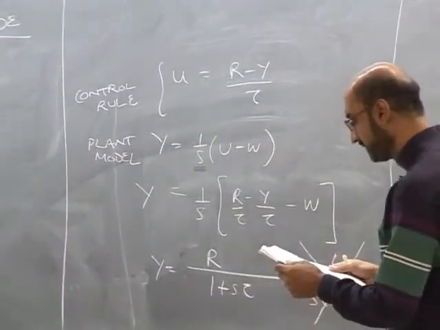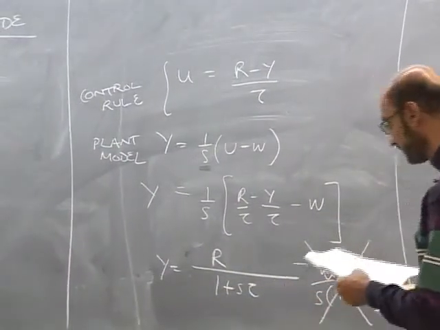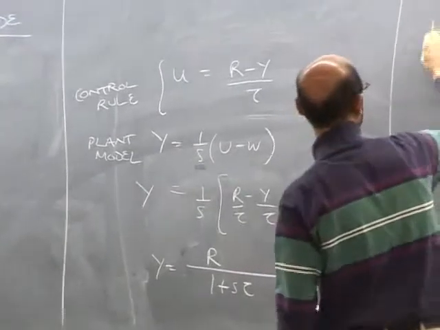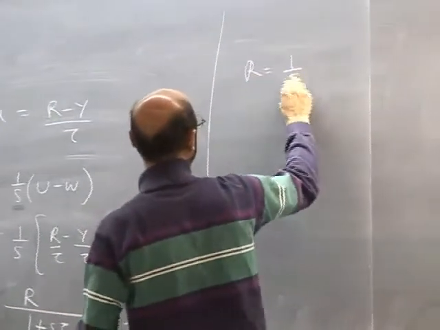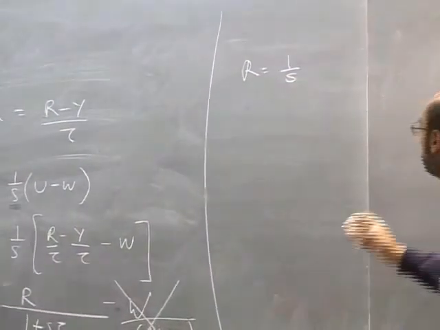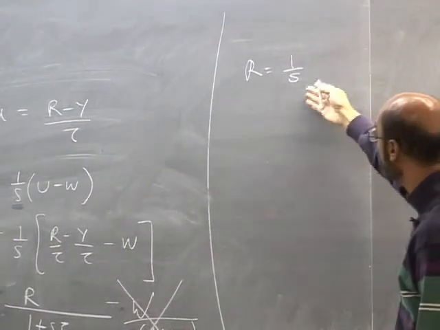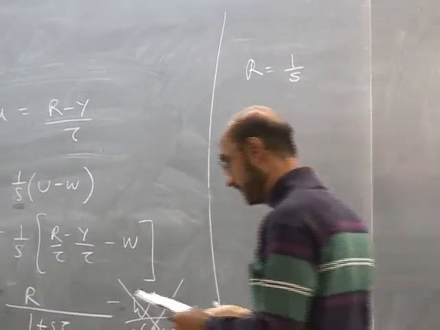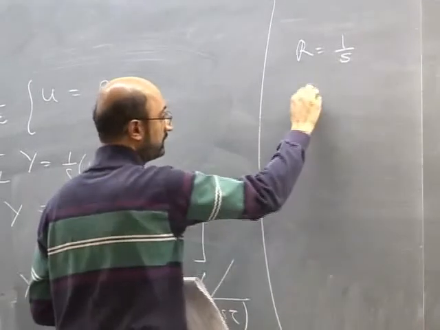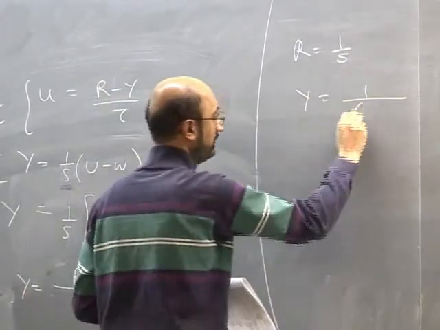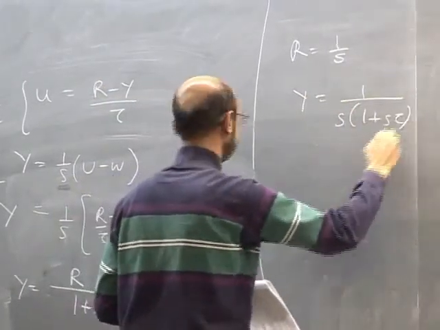So in this case we set w equals 0, that goes away, and then r is equal to 1 over s, because the Laplace transform of a unit step is 1 over s. And so we get y equals 1 over s times 1 plus s tau.